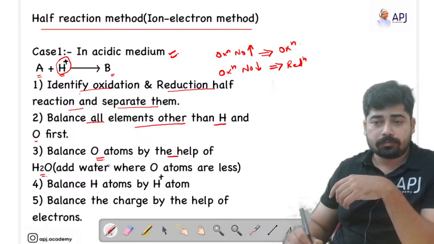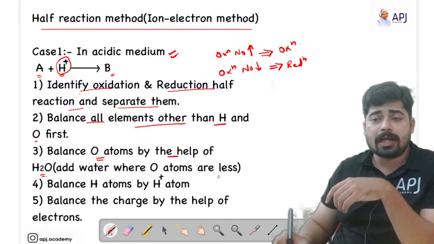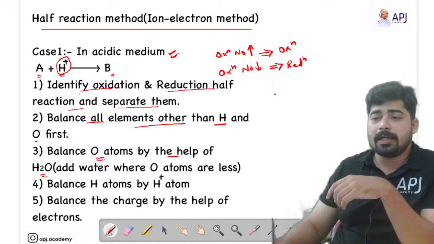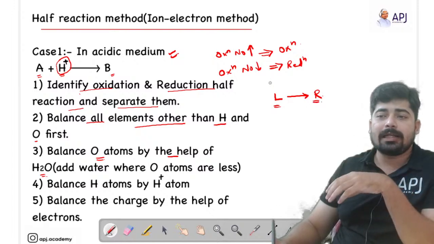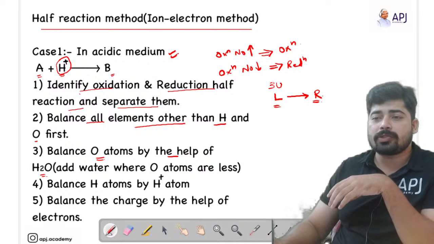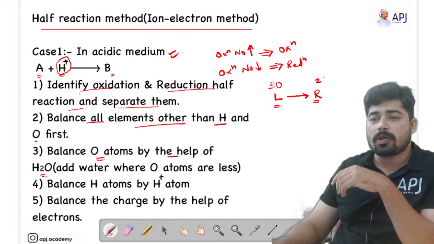That means add water where oxygen atoms are fewer. We have LHS and RHS. In LHS or RHS, wherever the oxygen atoms are fewer, let's say here there are three oxygen atoms, and here there are only 2 oxygen atoms.